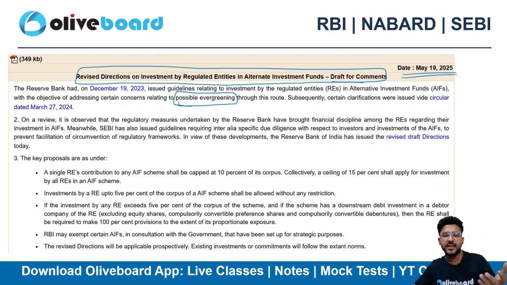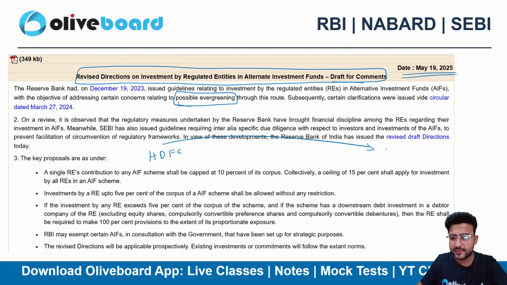What do you mean by evergreening? HDFC Bank has given a loan to Prateek Limited, right? Again they are giving a loan to Prateek via AIF. Let's take an example: HDFC Bank has given a loan to me. What if I am not able to repay this loan?